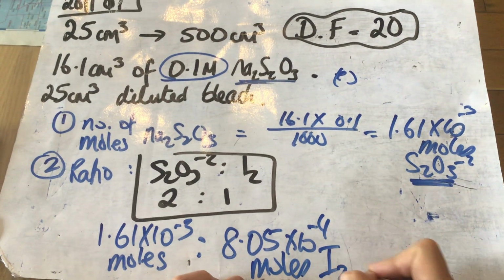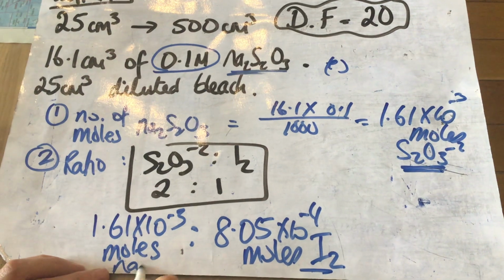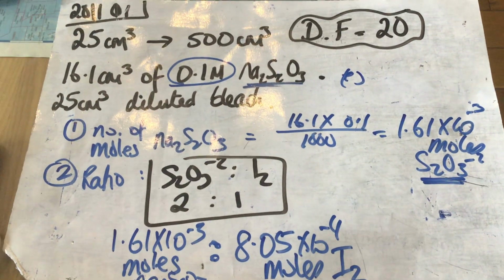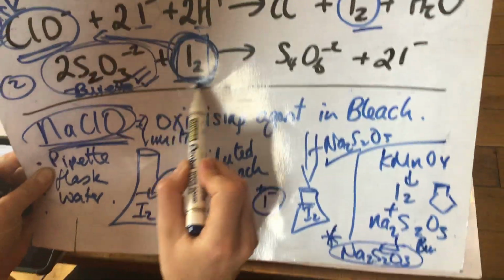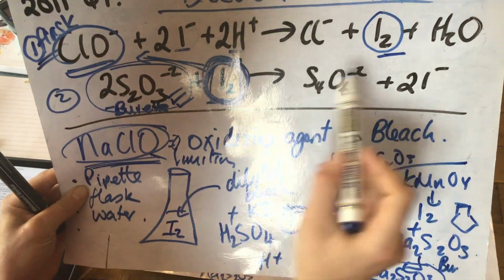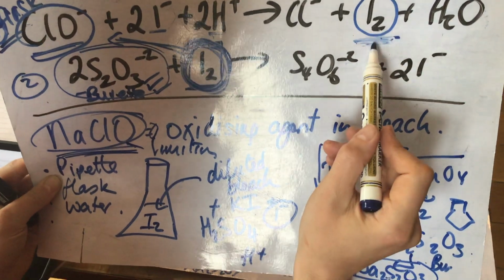And please, will you write down what the substance is, what the solution is? That's moles of sodium thiosulfate. So if I half that, I'm going to see how many moles of iodine. So look, I now know how many moles of iodine I made in the conical flask. My second ratio now is iodine to hypochlorite, okay?